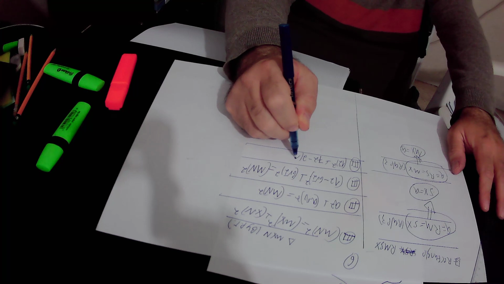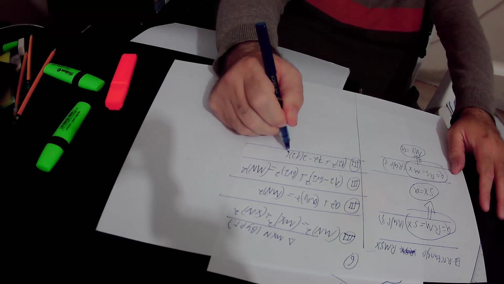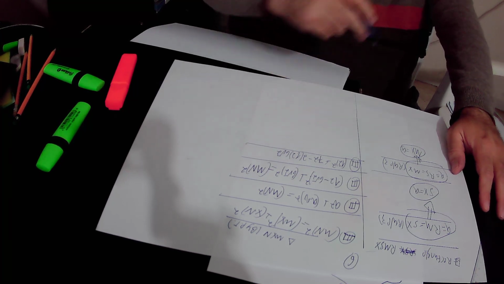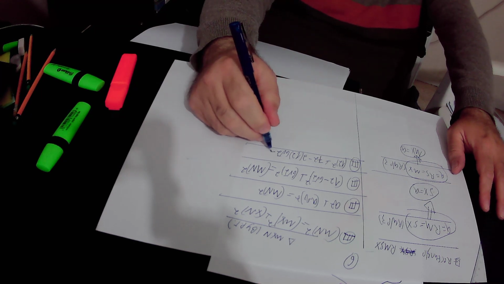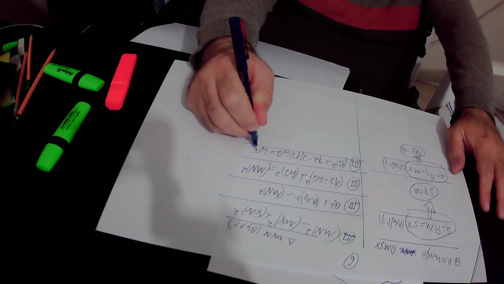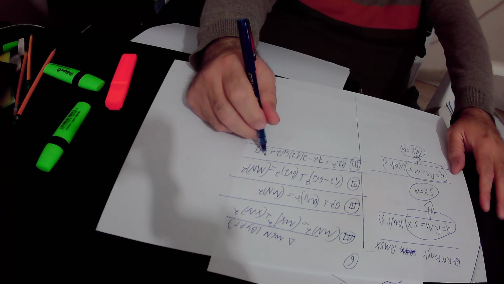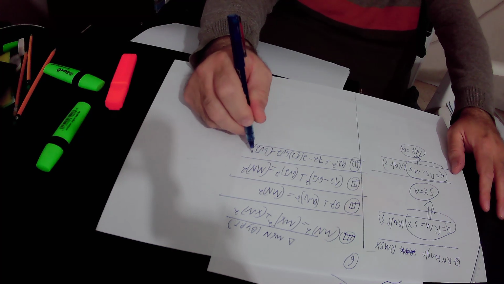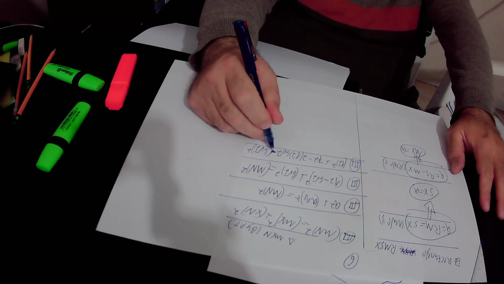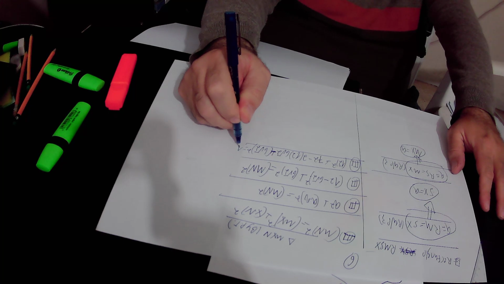Minus 2 times 12 times 6 times square root of 2, plus (6 times square root of 2) squared equals mn squared.